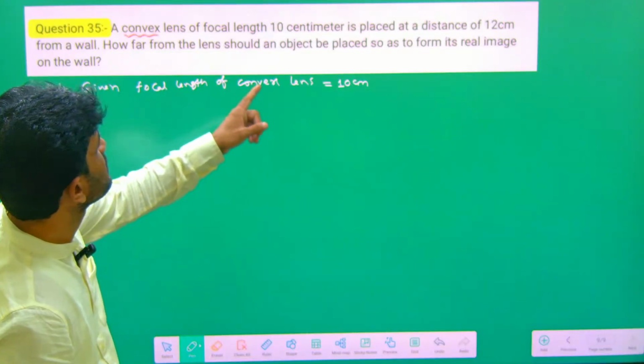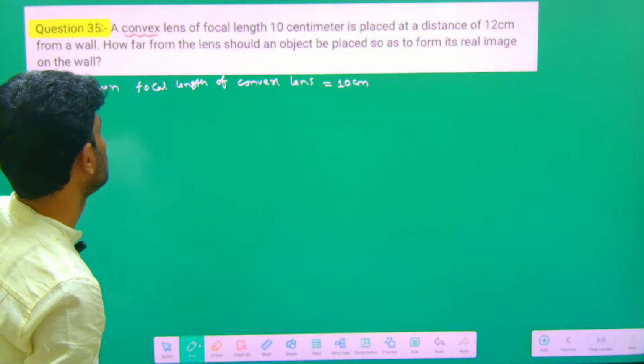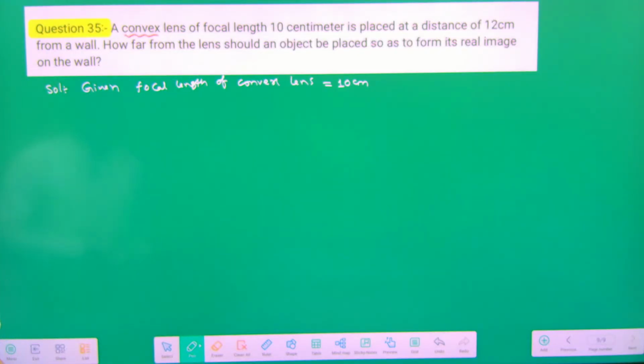A convex lens of focal length 10 centimeters is placed at a distance of 12 centimeters from the wall. So the lens is kept at 12 centimeters from the wall. How far from the lens should an object be placed so as to form its real image on the wall?